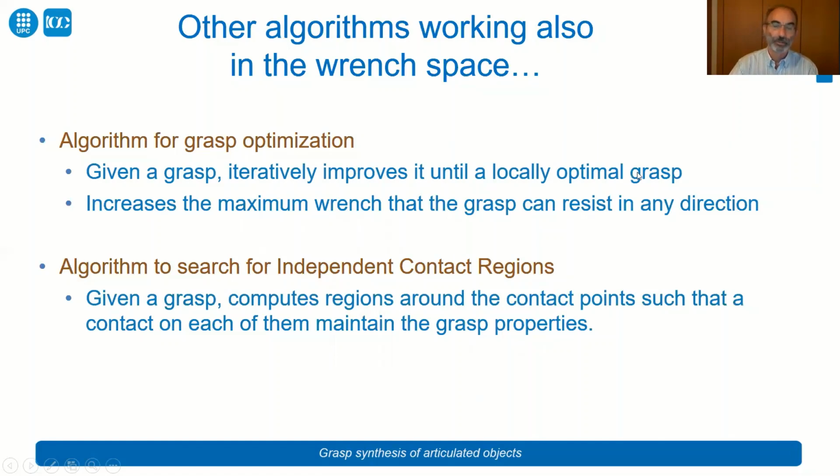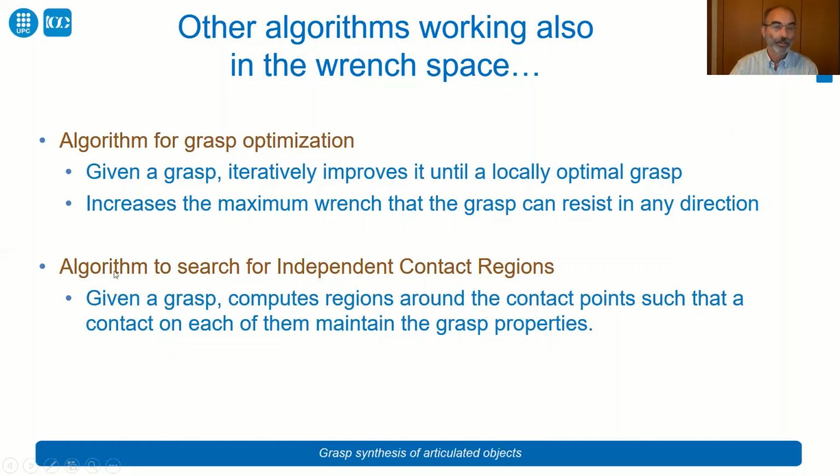So it's not just that it is force closure, but it is also a locally optimal grasp. And by optimal, we mean that we are increasing the maximum range that the grasp can resist in any direction. This is in front of any perturbation on the articulated object.